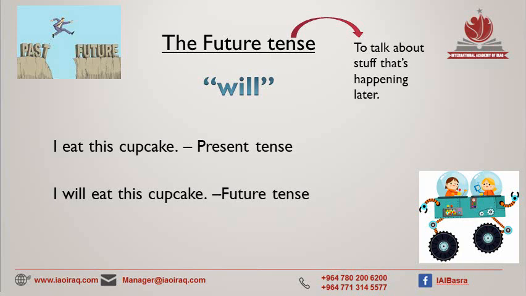So like I said, we use the future tense to talk about stuff that's happening later, quite literally in the future. The most common way to form the future tense is to make a sentence in the present tense and then before the verb, just stick will in there.